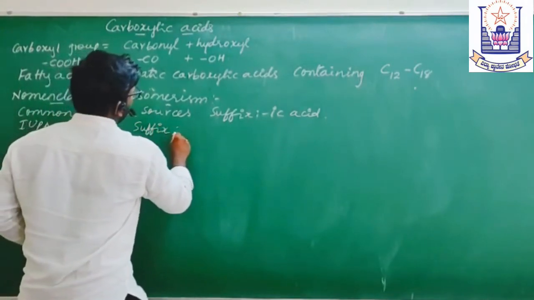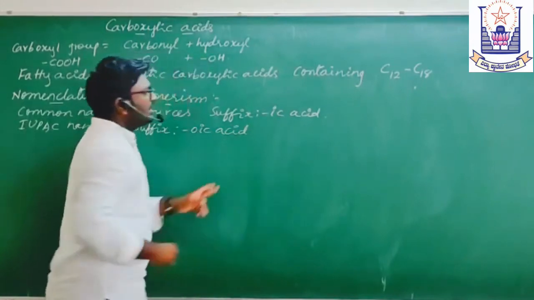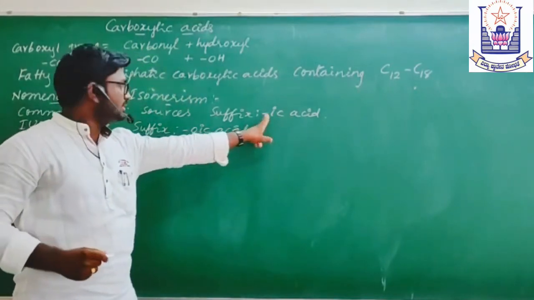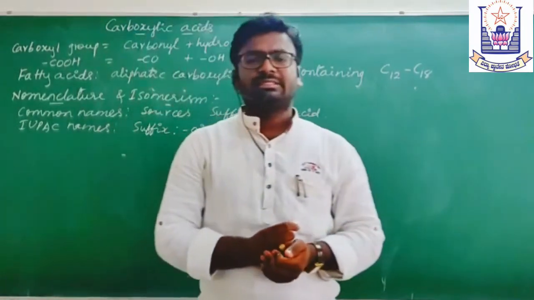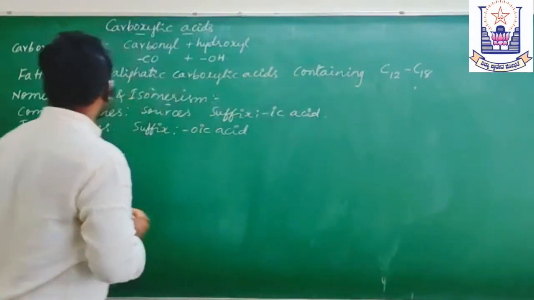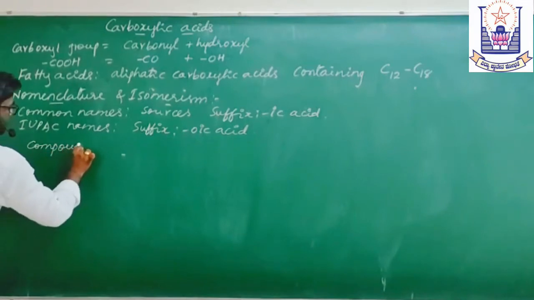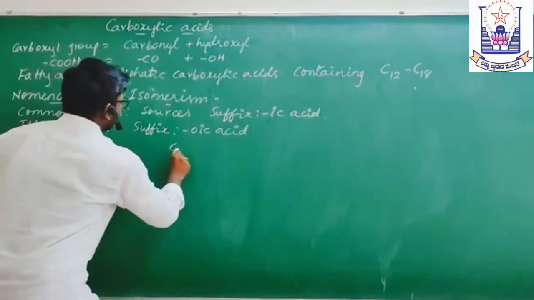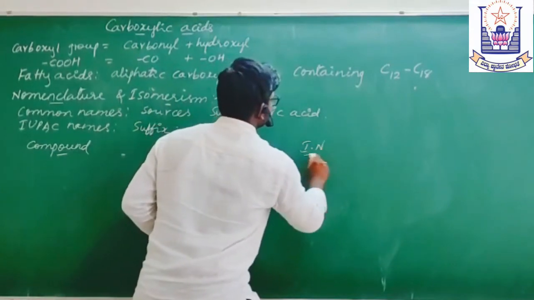In the common name it is ic acid, here it is oic acid. Let us go through this nomenclature with some examples. Let's take down the compound, then the common name, then the IUPAC name.